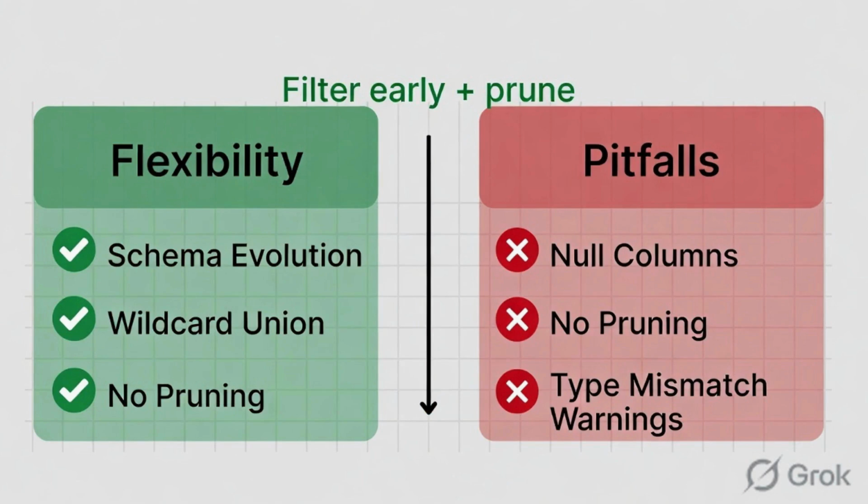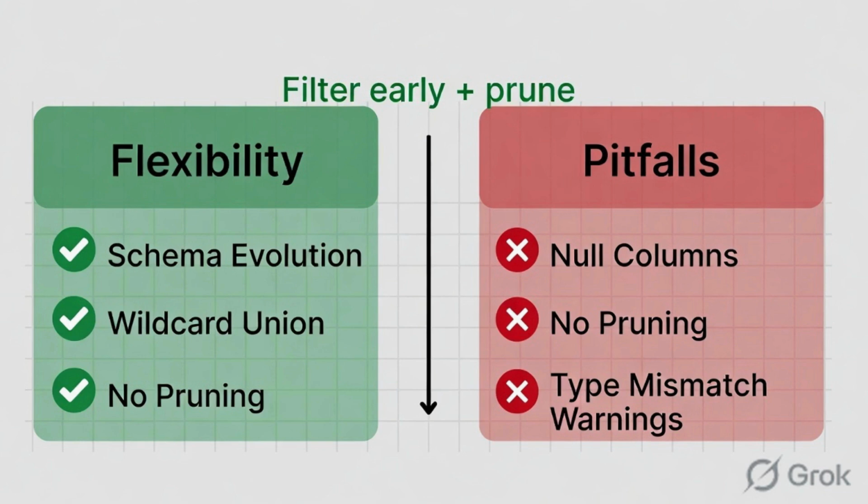Look at this balance scale. It captures the real trade-off when using union in KQL. On the left pan, flexibility, green checks for schema evolution, new columns added over time, wildcard union, easy merging of partition tables, and that append-only power.